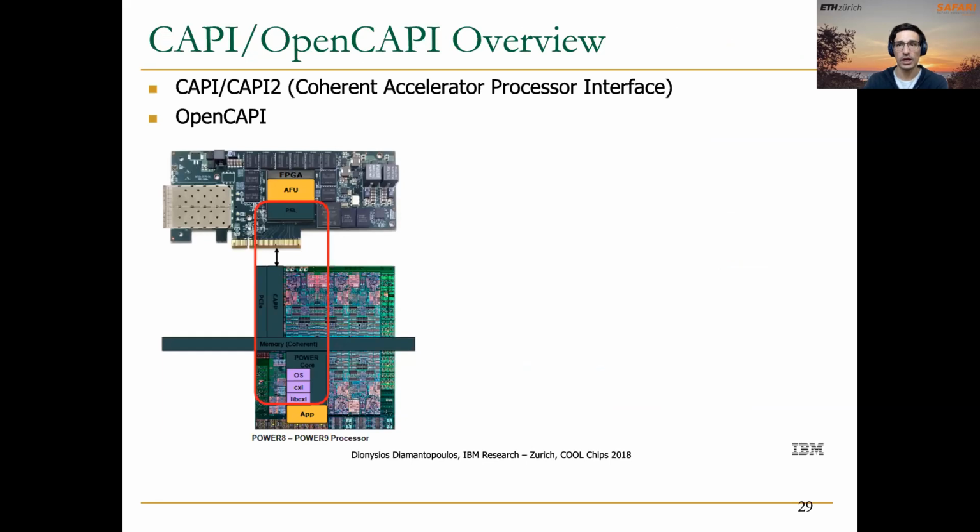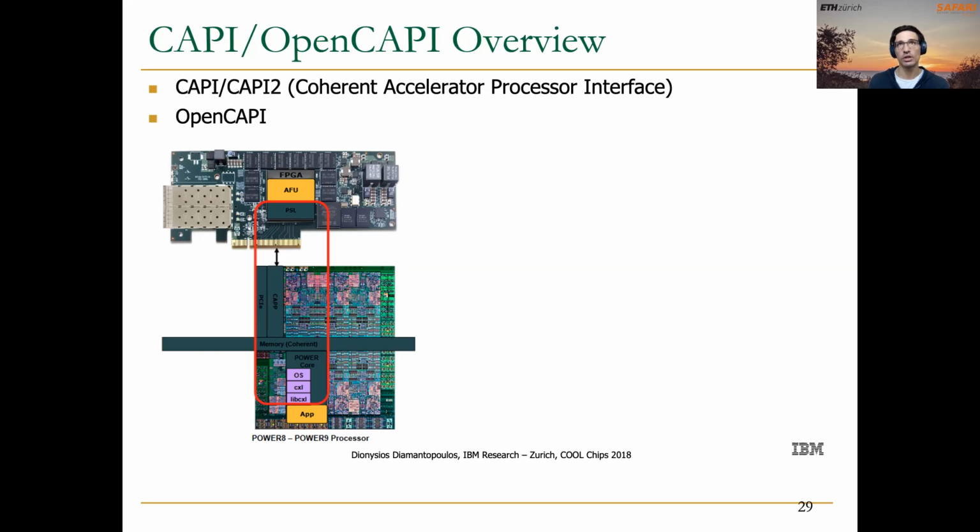Fortunately, several industry consortiums have started to develop interfaces that are coherent. The Coherent Accelerator Processor Interface, CAPI, is one of these examples. OpenCAPI is a larger consortium that was started by IBM, but also encompasses many other big actors in the industry.